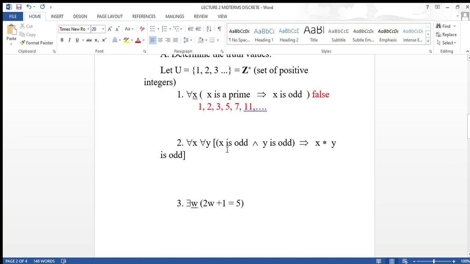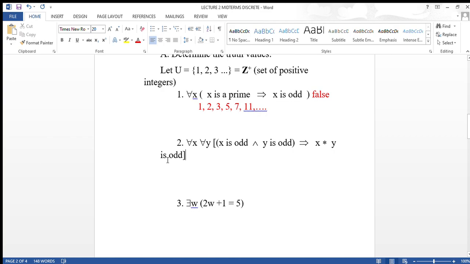So if x is odd and y is odd, then x times y is also odd. So what are we having here? Get a positive odd integer, multiply it by another positive odd integer. The result must be an odd integer.